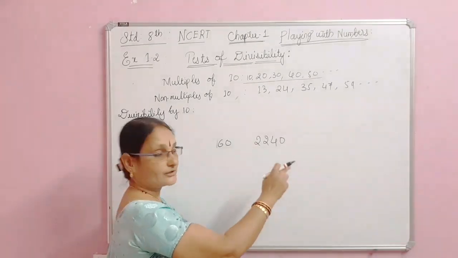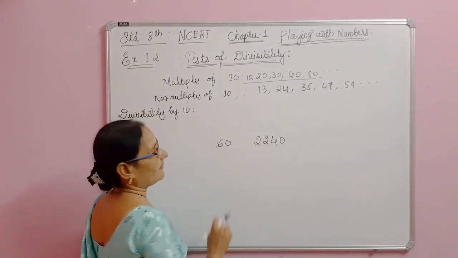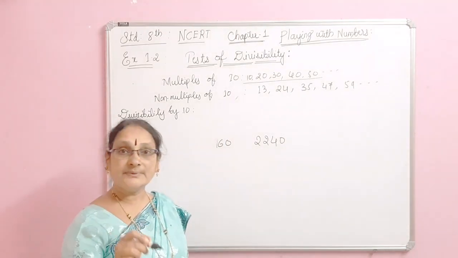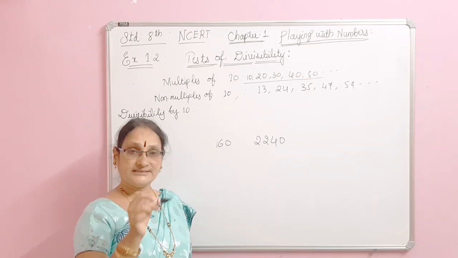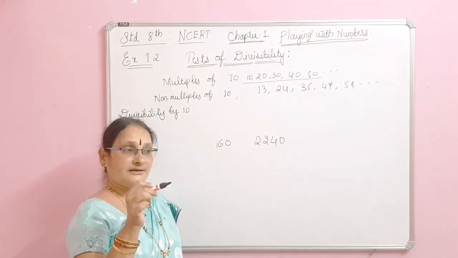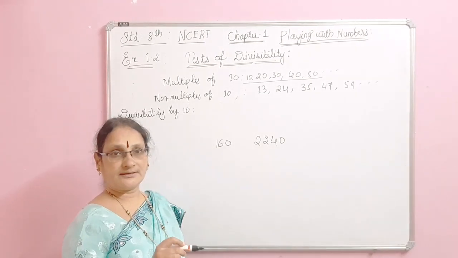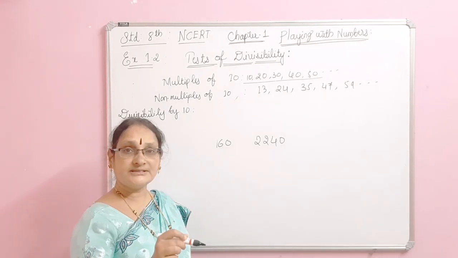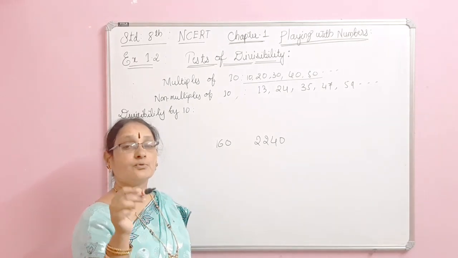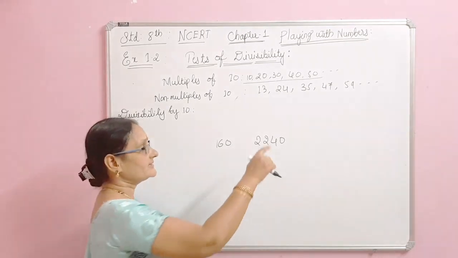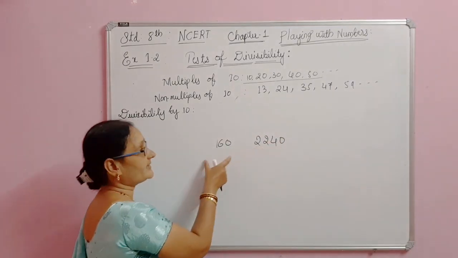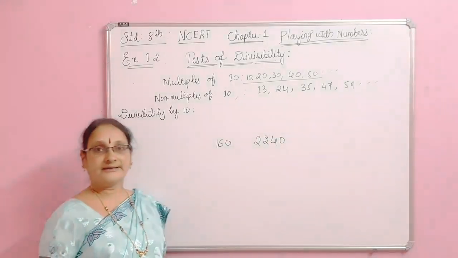It must be 0. Then it is divisible by 10. That is divisibility by 10: in the given number, the digit present in its ones place must be 0. Then those numbers are divisible by 10.